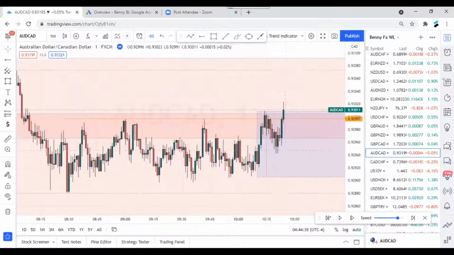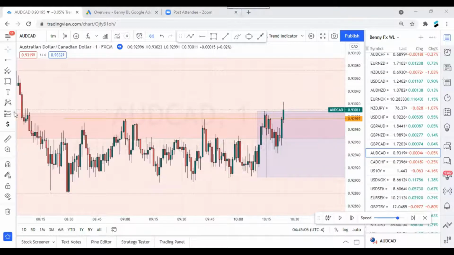So let's see. This is a break. Price came back down and it went higher again. So we see there is a break. So now what you can do is put either a buy at the market or put a buy limit at this high.